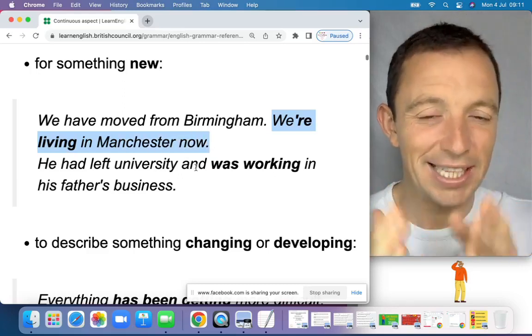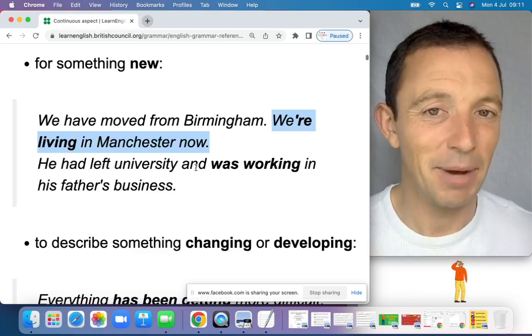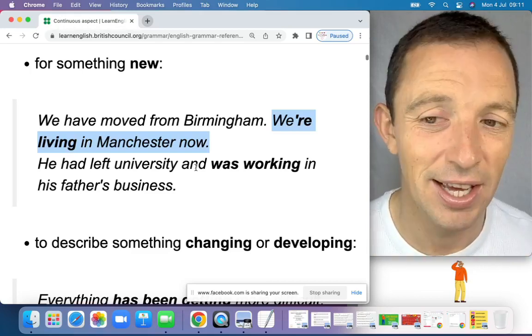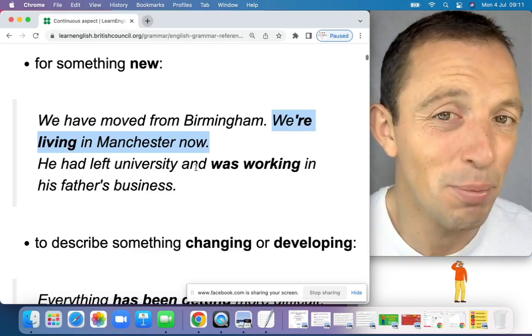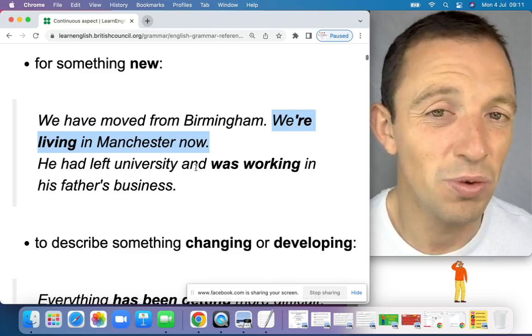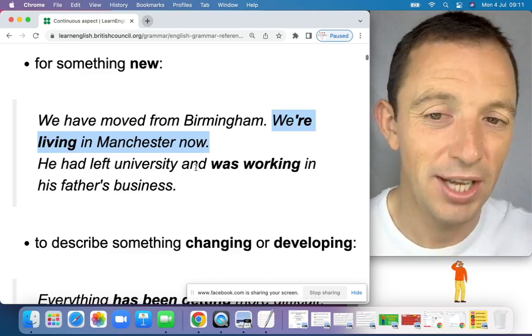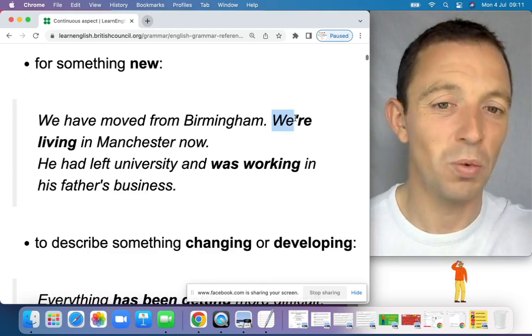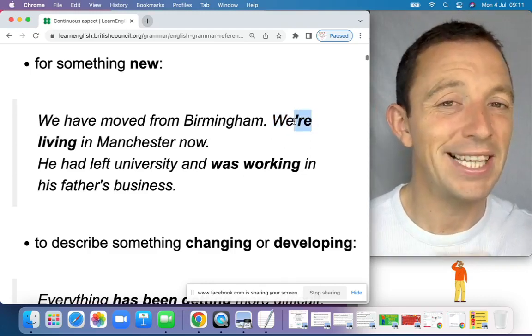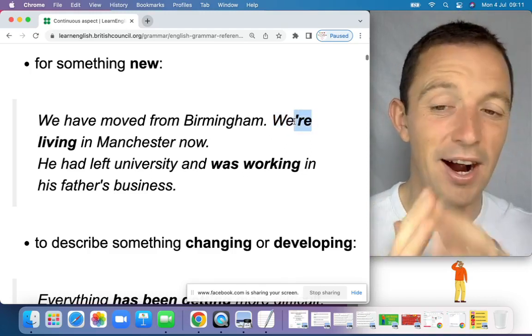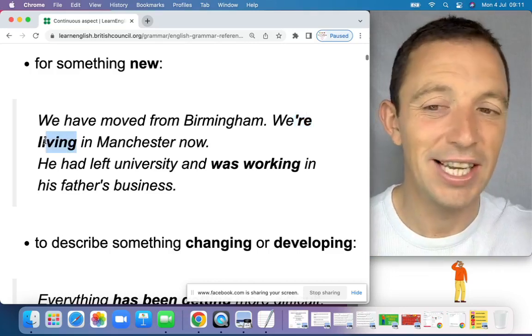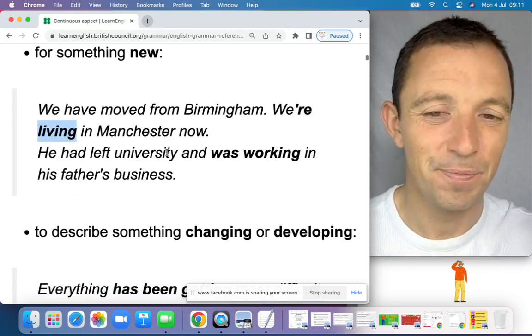Something new. At this moment, we are living in Manchester. And again, it's just a present continuous. It's very similar to the present simple. So don't stress, don't worry too much. Just the construction. Subject we, the verb to be as the auxiliary in the present, we are, plus the gerund, the ing, living in Manchester now.